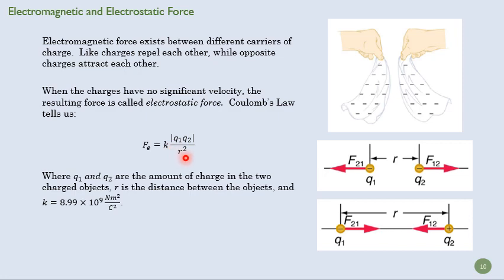R is the distance between the two charges. And Q1 and Q2 are the amount of charge that Q1 and Q2 hold. So you can see as they get farther apart, the electrostatic force between the two particles is going to get smaller. As their charges get larger, the attraction or repulsion between them is going to get stronger.